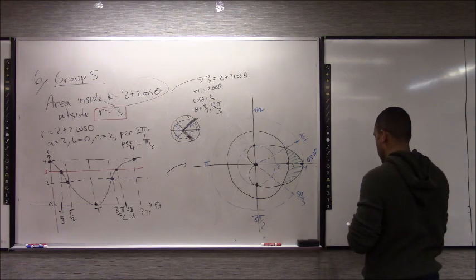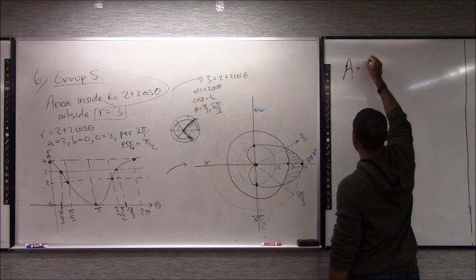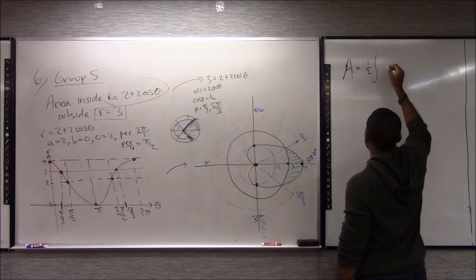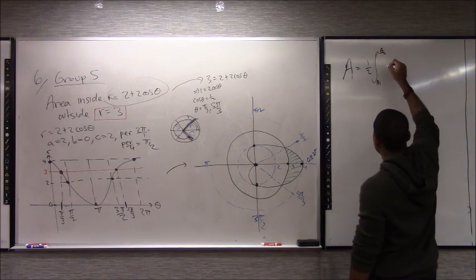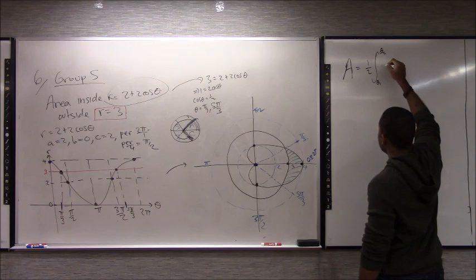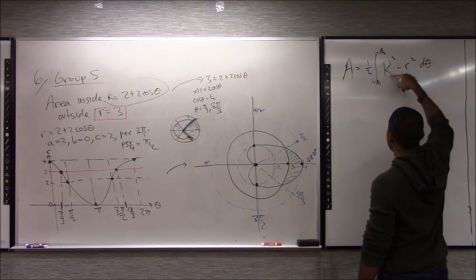What's the formula for the area between two curves? 1/2 integral from theta 1 to theta 2 of big R squared minus little r squared. Right, where this is the outer radius and that's the inner radius.